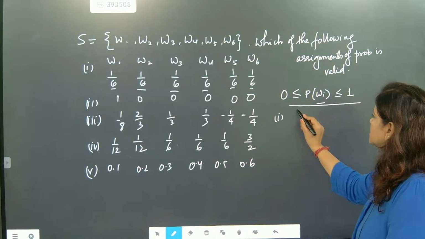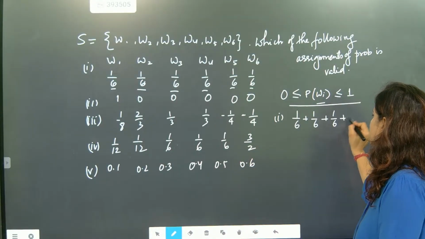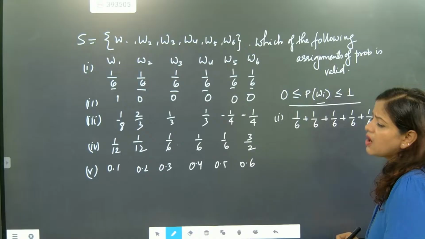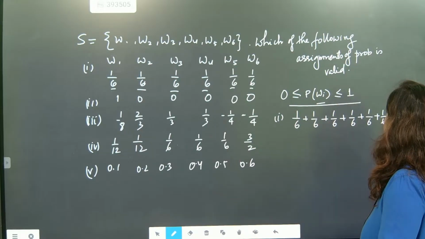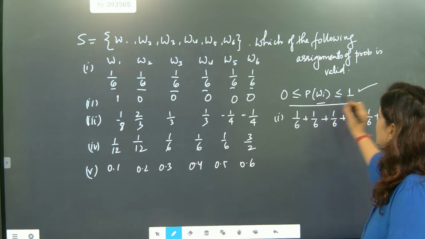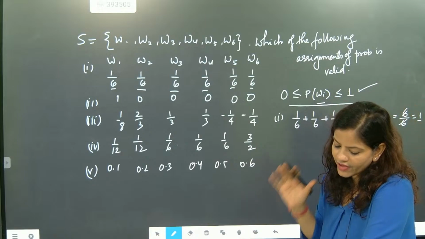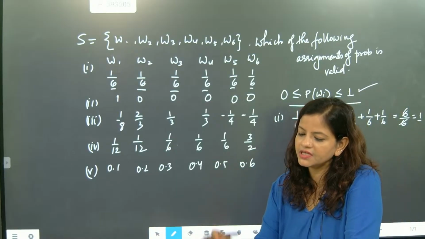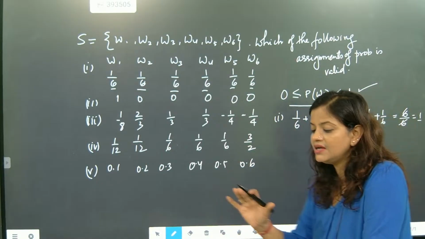How many times is 1/6 coming, beta? It is coming 6 times, so 6/6, the answer is 1. So it is following this rule. That means the summation of W1, W2, W3, W4 and the rest is coming as 1. So it is 100% going to be probability, and this probability assignment is valid.